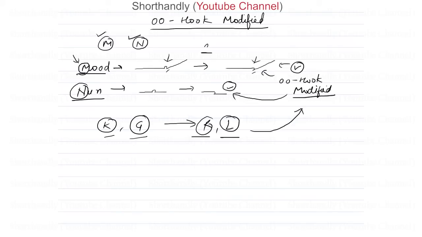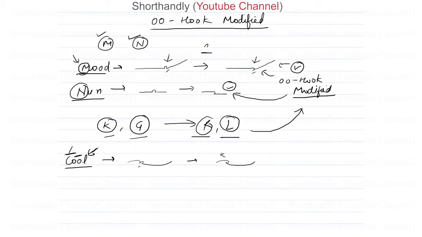So for example, if we have a word called cool, see, we have this first of all K here, and then we have this hook, and then we have this L here. So instead of making the cool word like this, we can make the cool word simply like this.